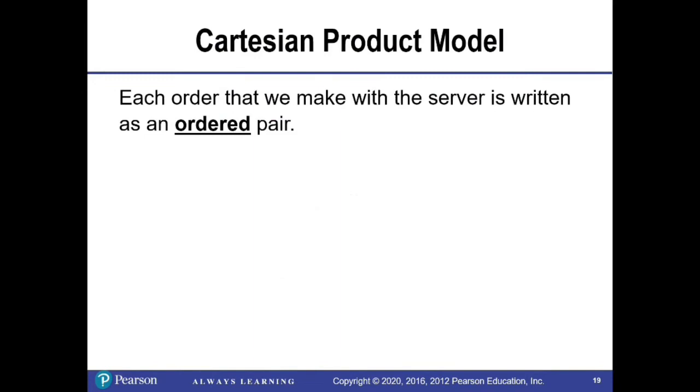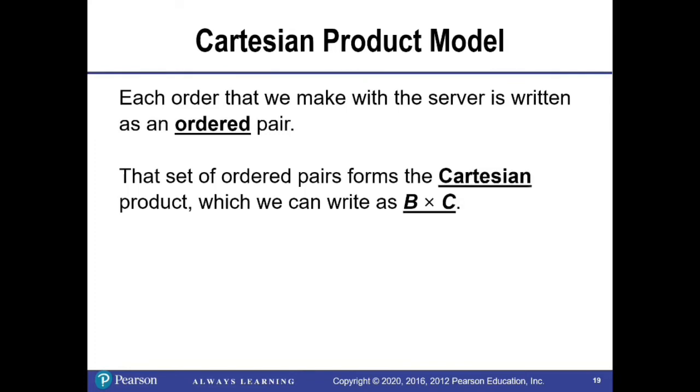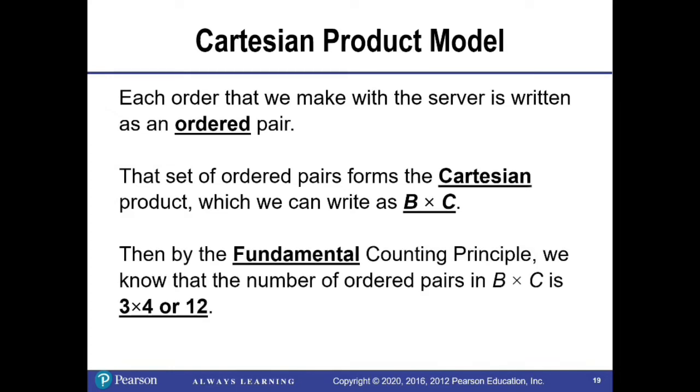So here, each order that we make with the server is an ordered pair. This makes our Cartesian product that we can write as B cross C. By the fundamental counting principle, we know that the number of ordered pairs in B cross C is 3 from the 3 choices of bread times 4 for the 4 condiment choices, which is 12.